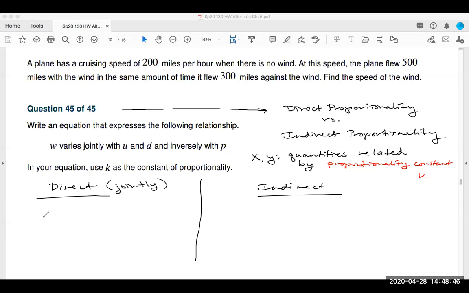So y will equal k times x. And essentially, as x increases, y increases.